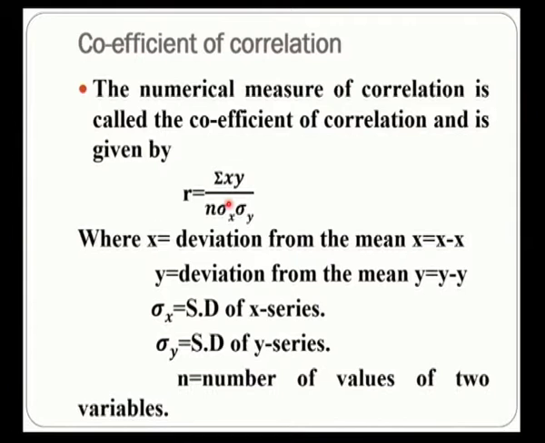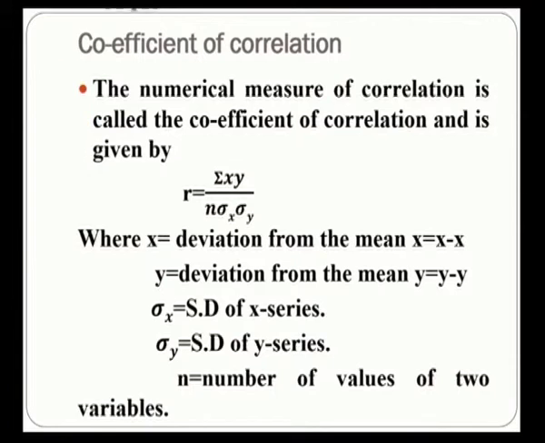We learned that correlation means two sets of data are required. So, sigma x is the standard deviation of one set of series or x series. Then sigma y is the standard deviation of y series, where n is the number of values of two variables. So, using this formula we can calculate the coefficient of correlation.